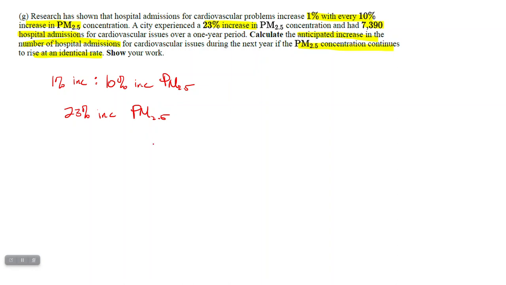So what I basically did is I took my 23% increase in PM 2.5 concentration and divided it by that 10% that I'm comparing to.